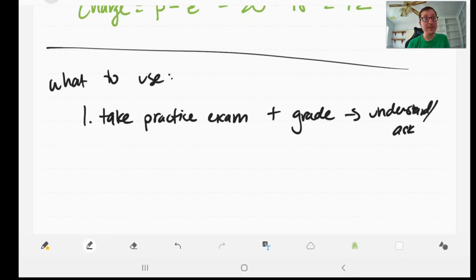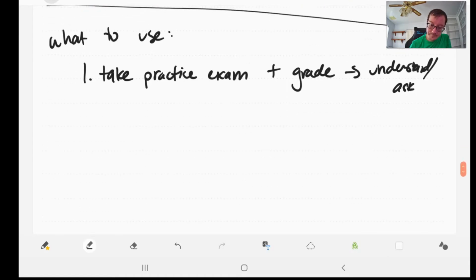I would also suggest that you do it under timed conditions, practicing as if it's the real thing. That's probably going to be your most bang for your buck. But there's only one practice exam that I have. Normally I have written exams, and multiple choice ones are harder to write, so I don't have many practice ones of those, unfortunately.